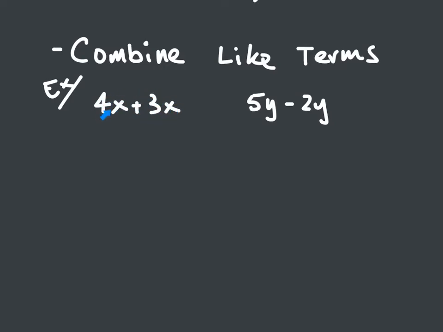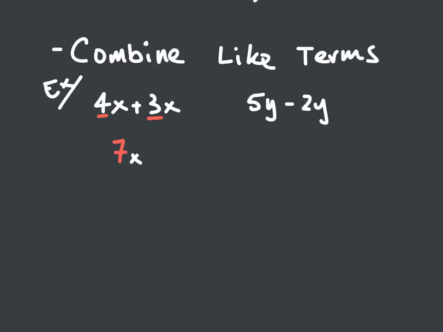Since they both contain an x, I can add these together. All I'm going to do is take the number in front of my x, which is called my coefficient, add those, and then keep the x. So 4 plus 3 is going to give me 7, and then keep the x.